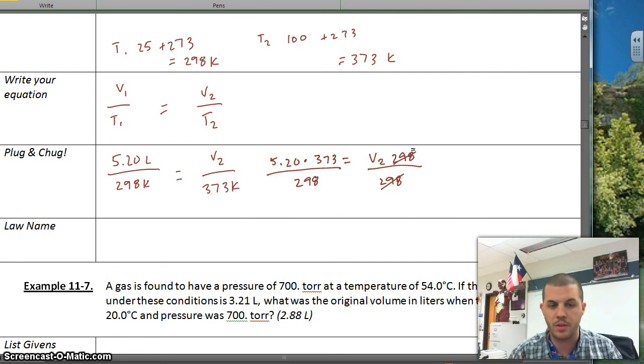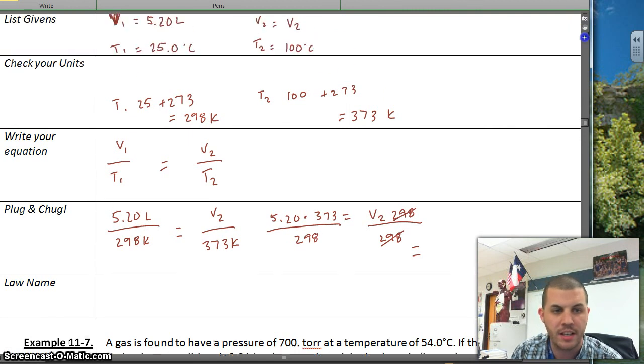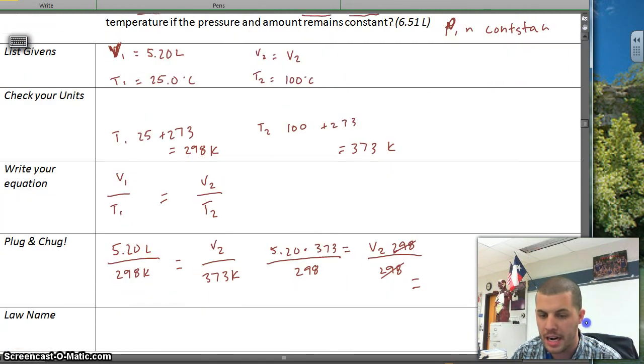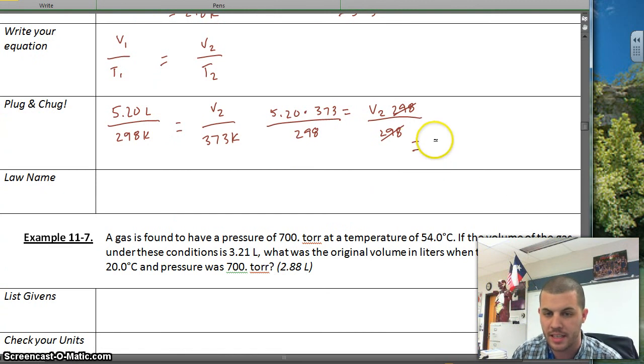Now I'm going to do this math: V2 is 5.20 times 373, enter, divided by 298, enter, and I get a final answer. I need the correct number of sig figs: 3, 3, and 3. So I need 3 sig figs, therefore my answer is 6.51 liters. That's my final answer, 6.51 liters.